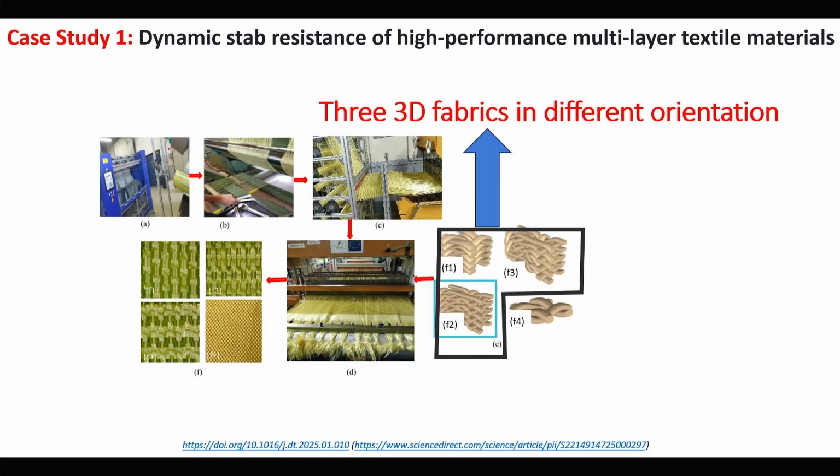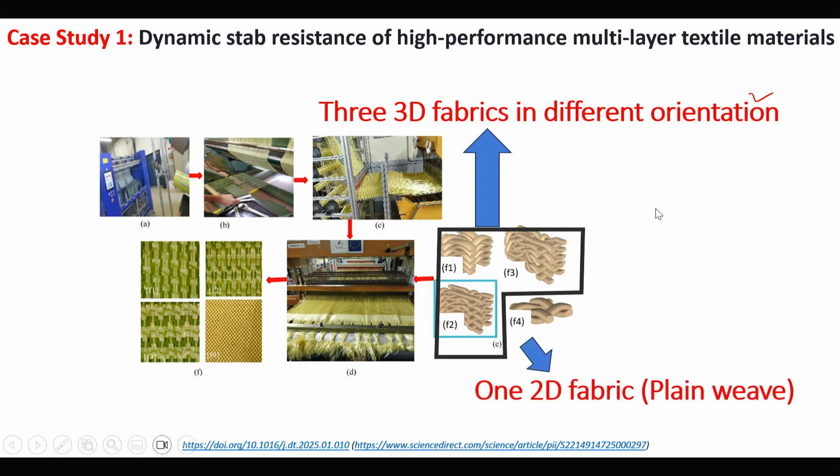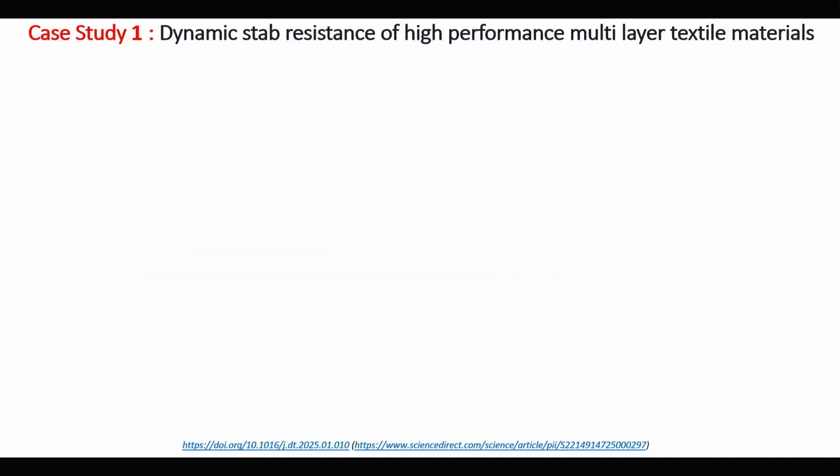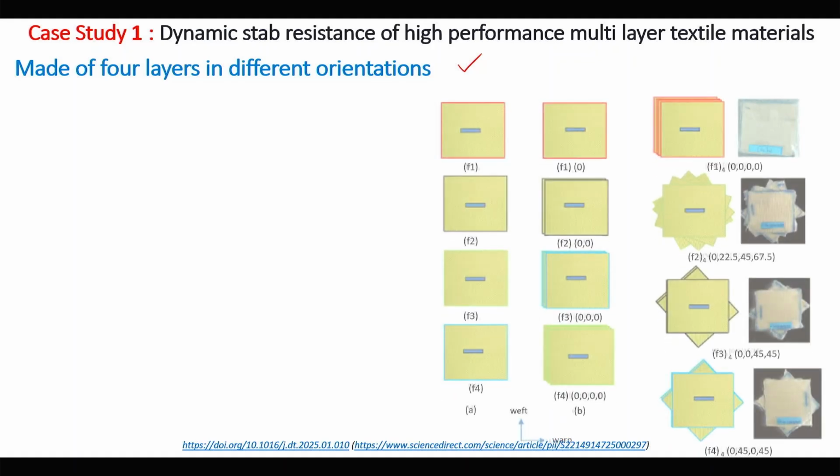The 3D fabrics with different orientations were developed, and 2D plain weaves were used. So, both 3D and 2D fabrics were developed here, made of 4 layers in different orientations. So, this multi-layer was made using 4 different layers.